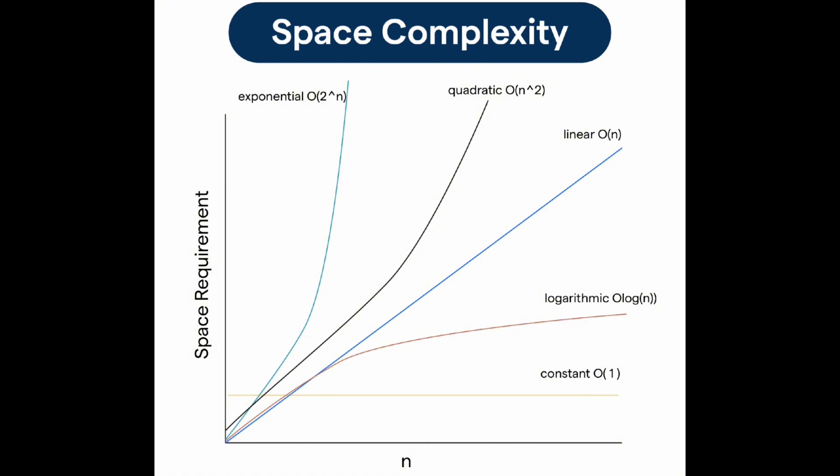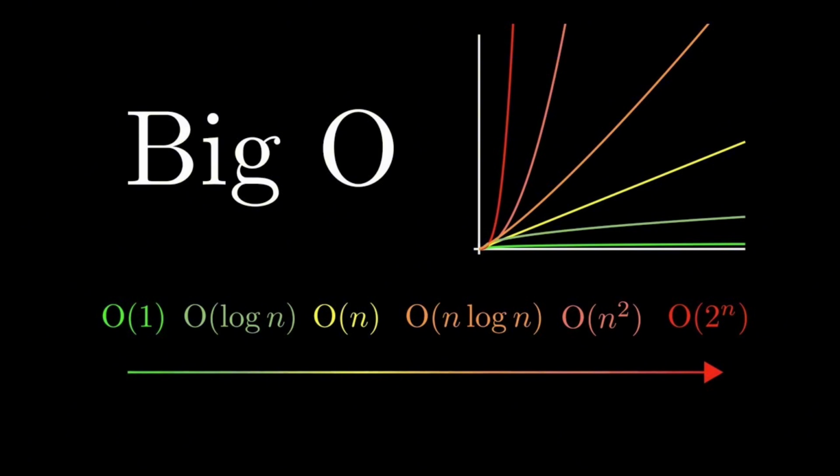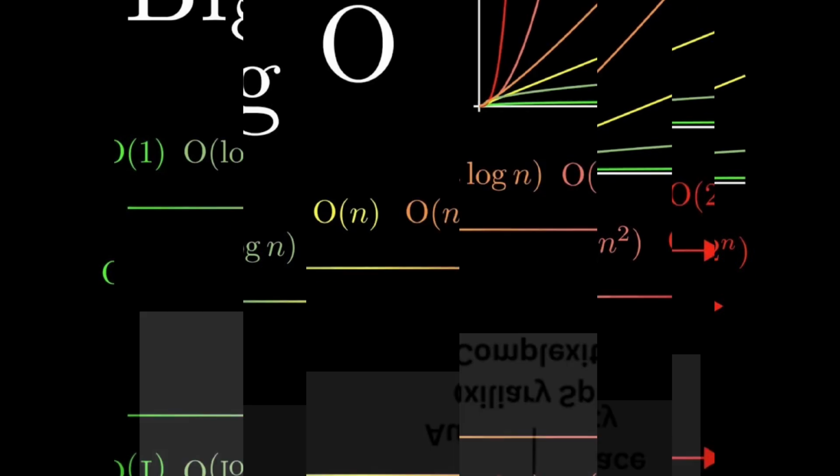Understanding space complexity is crucial for optimizing algorithms, especially in environments with limited memory resources. Space complexity is usually expressed in terms of big O notation, which classifies the memory usage in relation to the size of the input data. This allows developers to predict how an algorithm's memory requirement grows as the input size increases.